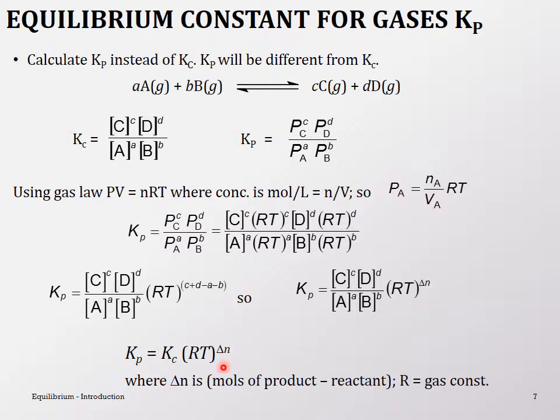So Kp is equal to Kc, which is this value over here, times RT to the delta n. Okay, so it becomes simplified. You don't have to look at this equation and back off and say, oh my God, I have no idea what to do with this. Well, this is how it is simplified. Here delta n is moles of product minus the moles of reactant, because product is on the top and reactants at the bottom. And R is the gas constant. So it becomes an easy calculation to do.